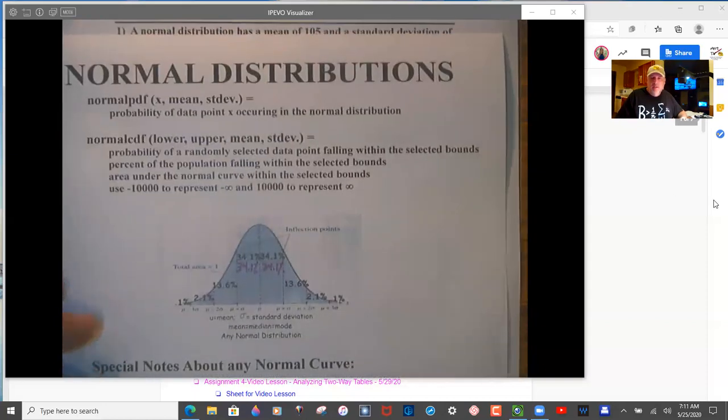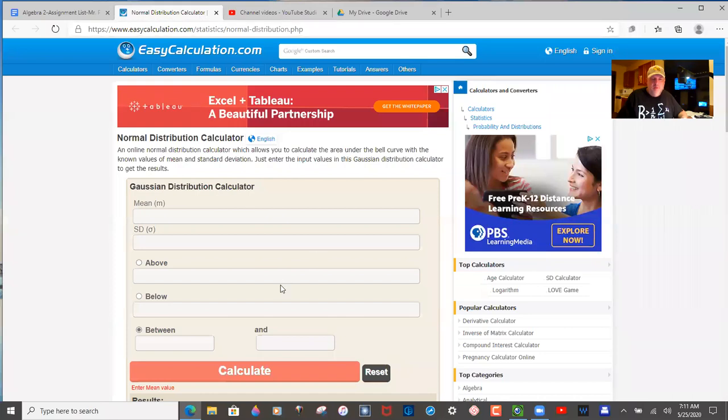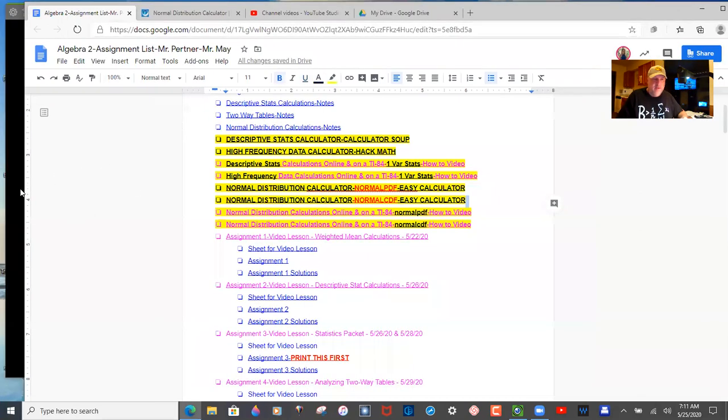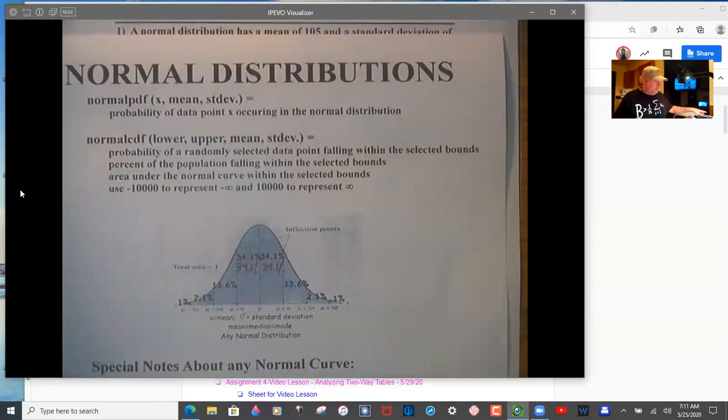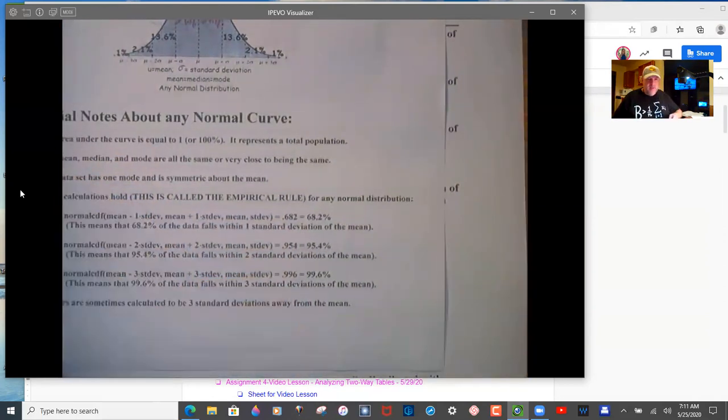If you need the normal CDF because you don't have a graphing calculator, you need to go back to the page, and these two, the normal PDF easy calculator and the normal CDF easy calculator, you need to go to those particular pages, and I'll try to show both of them so that you have an idea how both work.